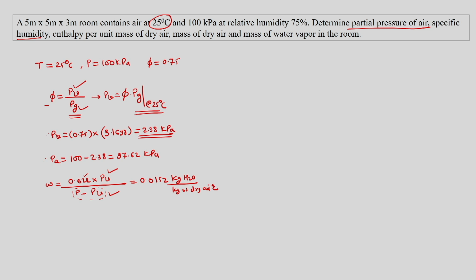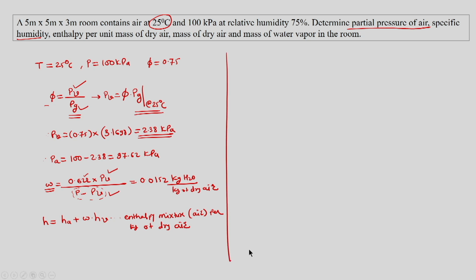This is the unit of specific humidity. Now, we can find out the enthalpy of the mixture, which is enthalpy of air plus specific humidity into enthalpy of water vapor. So, this is enthalpy of mixture, or for us it is per kg of dry air.